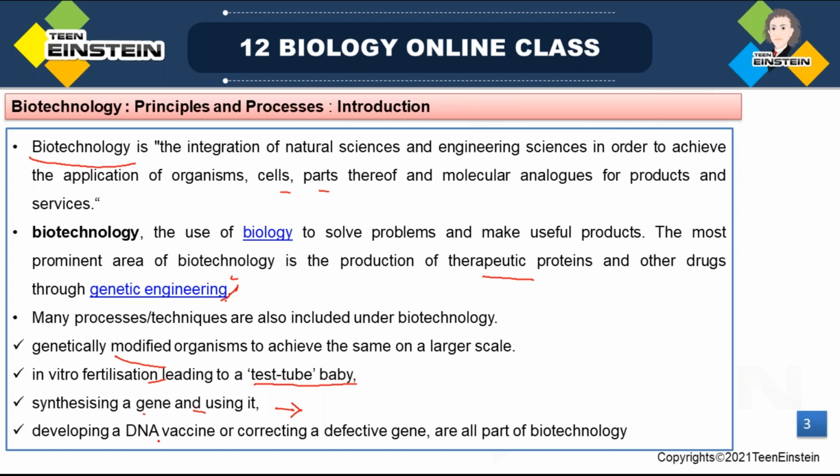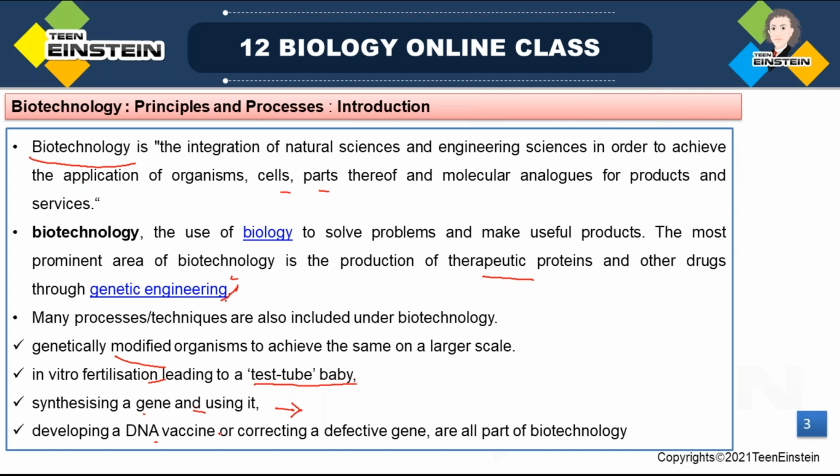Then developing a DNA vaccine or correcting a defective gene. DNA vaccine development: now we know the importance of vaccine development when corona, COVID came, vaccine development for different kinds of diseases. So how to develop a vaccine?